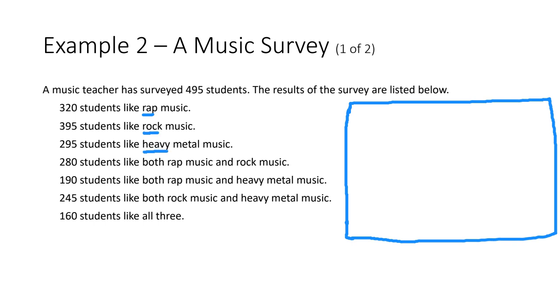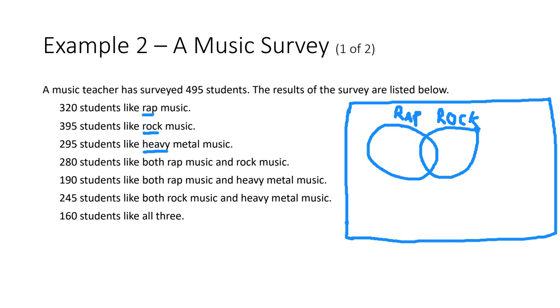So there are 3 things that they're talking about. So I'm going to have a rap music circle, and then I'm going to have a rock music circle. I'm going to call this RO, or you can write it out, rock music, rap, and the last one is heavy metal.